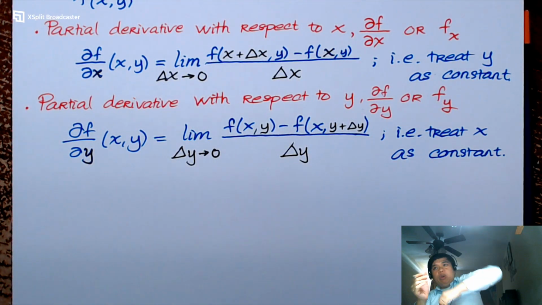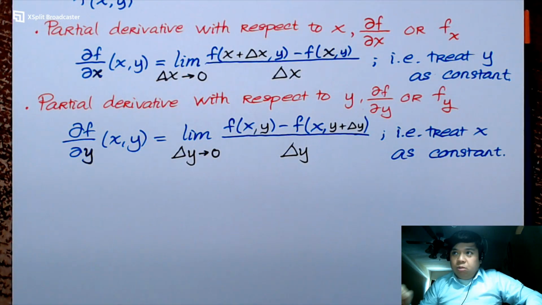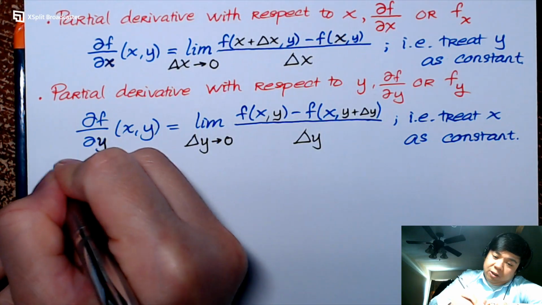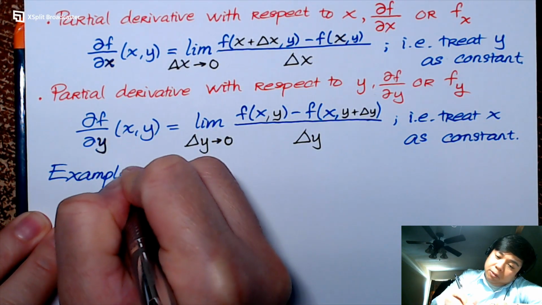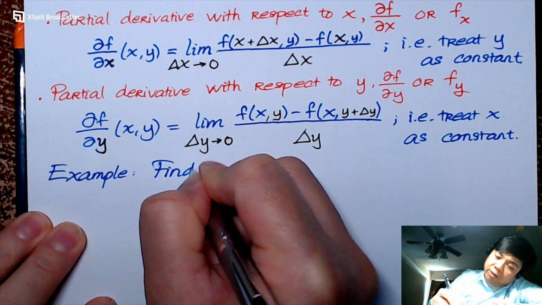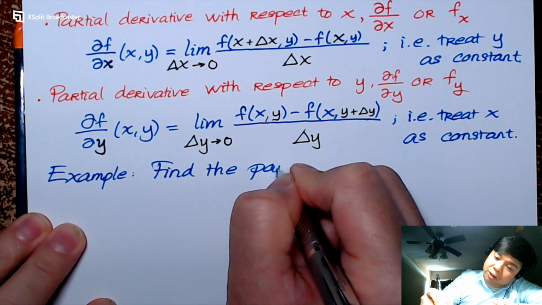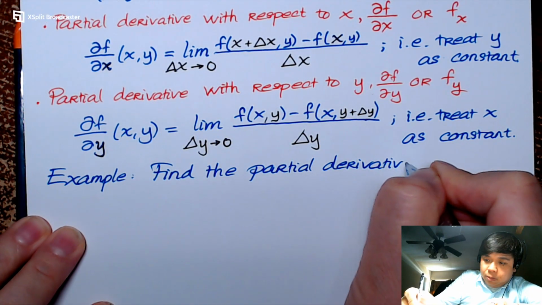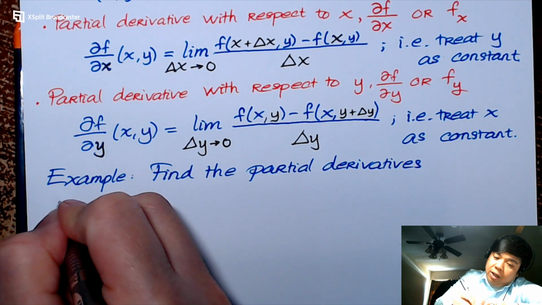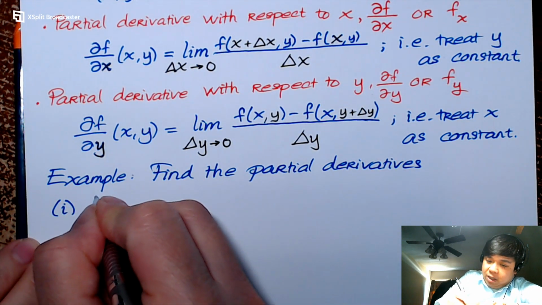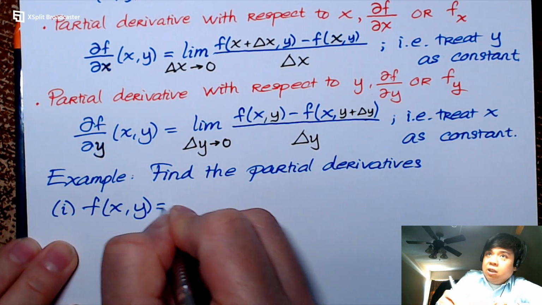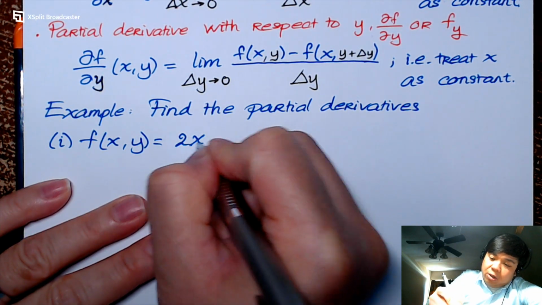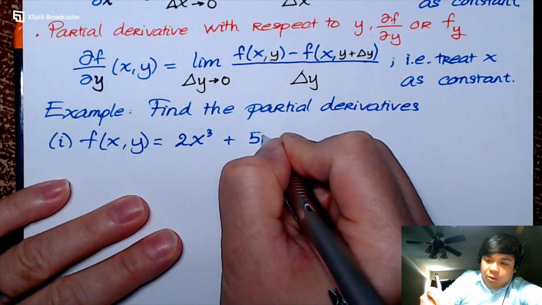Again, we just review partial derivative here, and then we go to the section later. Now let's go to some examples. Find the partial derivative. Let's first do something very easy. Let's say we have the function 2x cubed plus 5y squared.